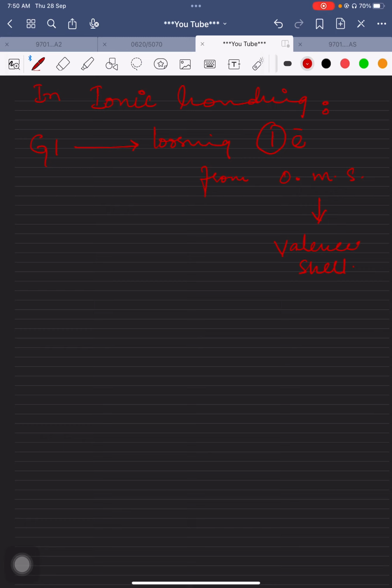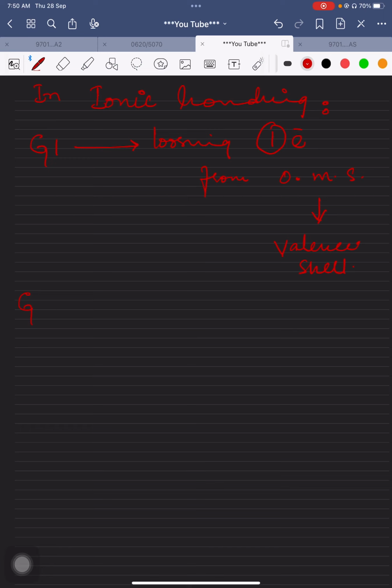The closer you go towards the nucleus, the more difficult it is to engage them in bonding. This is the reason electrons of the outermost shell are involved in all types of bonding. So group number 1 loses one electron from the outermost shell, called the valence shell.